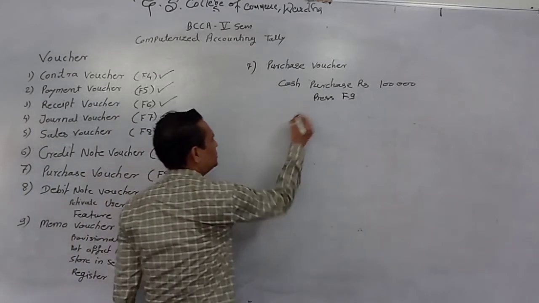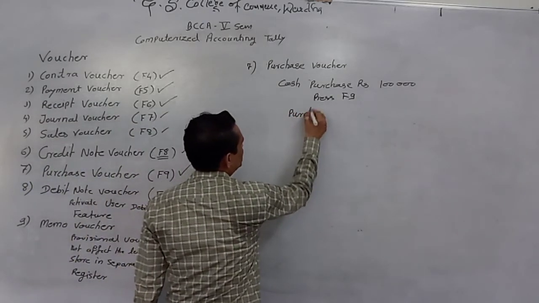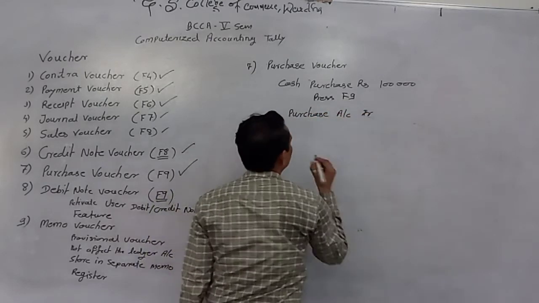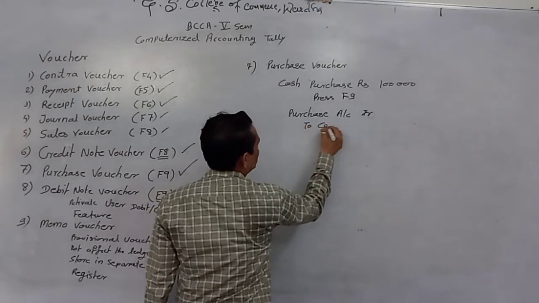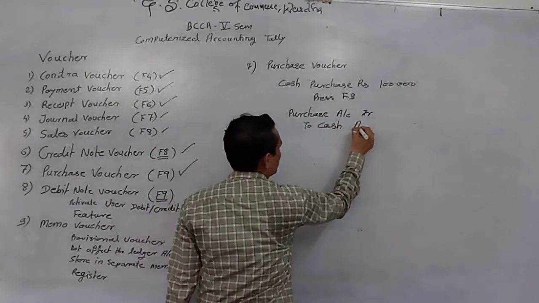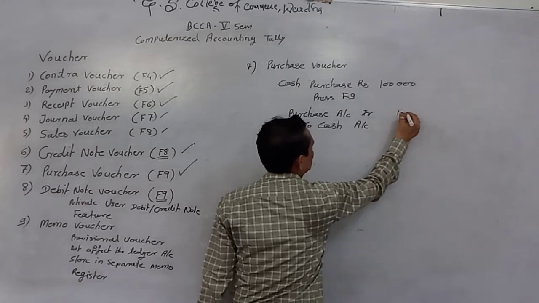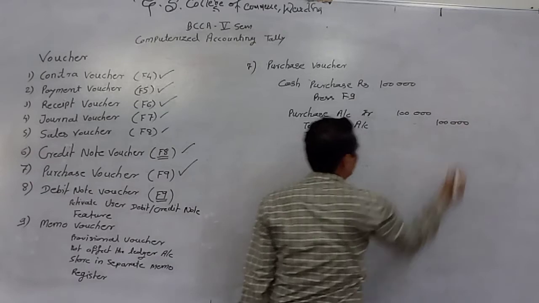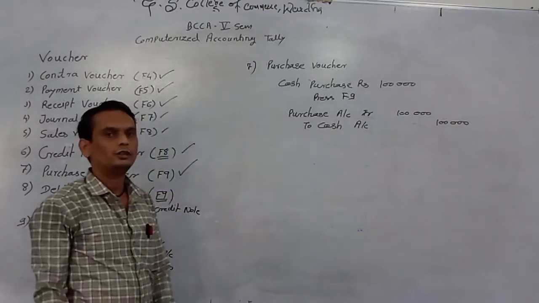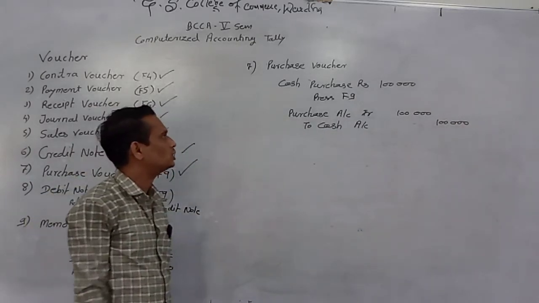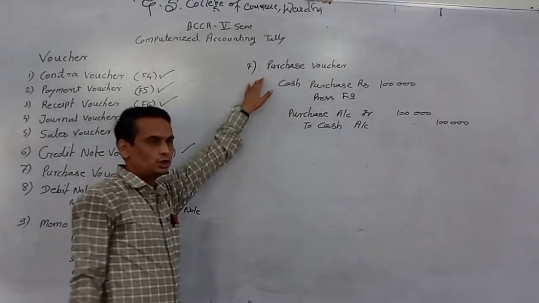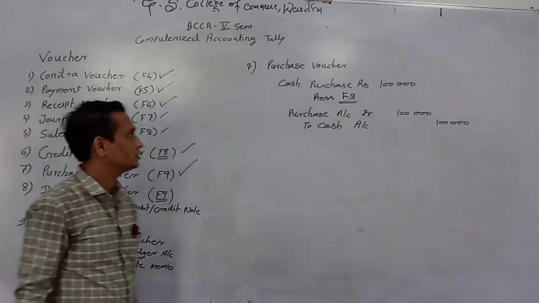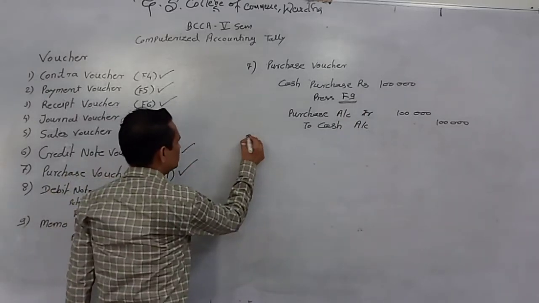So the entry would be purchase account debit to cash account of rupees 1 lakh. So all types of purchase transactions can be recorded into the purchase voucher, and the key for the purchase voucher is F9.